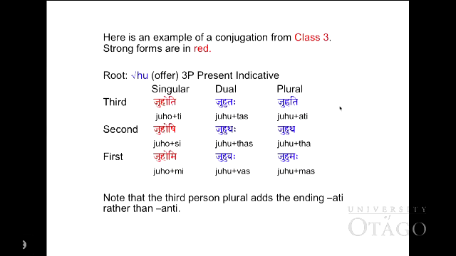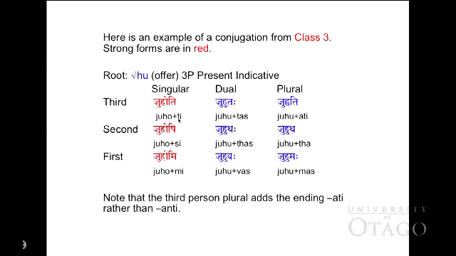Here is an example of a conjugation of class 3. Strong forms are in red here. These all are in red strong forms. Juhoti, class 3, present indicative.